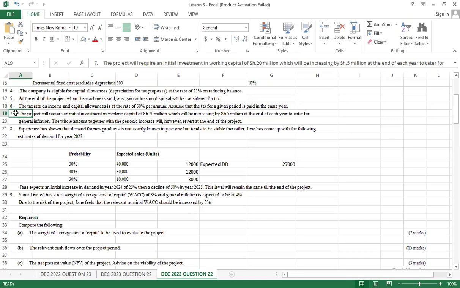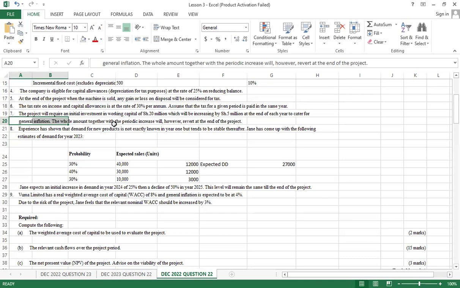That the project cash flow will require an initial investment in our working capital of 20 million shillings, which will be increased by 5 million shillings at the end of each year to cater for what the question calls general inflation.